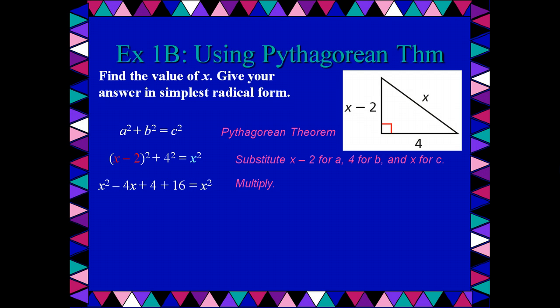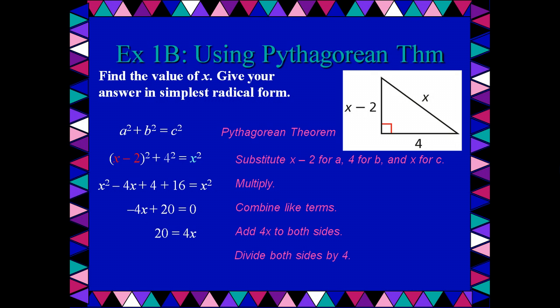We have x squared minus 4x plus 4 plus 16. We'll combine like terms, and we get negative 4x plus 20 equals 0. Add 4x to both sides, and 4x equals 20. Divide both sides by 4, and x equals 5.